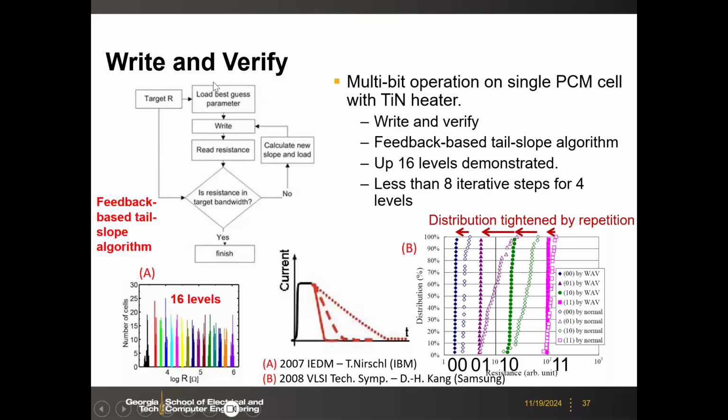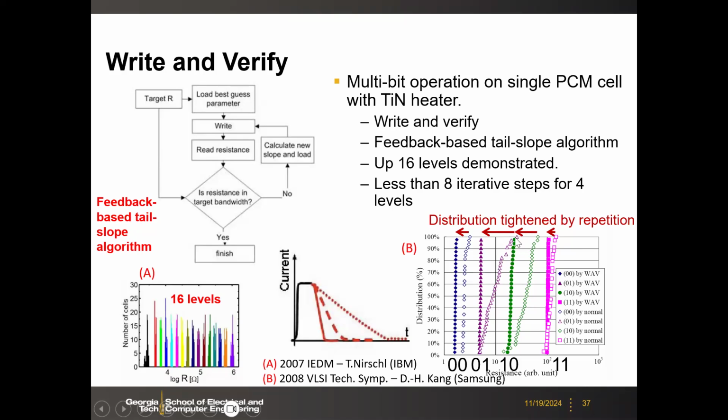To tighten the distribution, always write and verify. In the NAND flash, we have the ISPP, the incremental step pulse programming. Here, similarly, you have to do the write and then read and then verify, meaning reprogram. If you do that, you can tighten the distribution here, right?